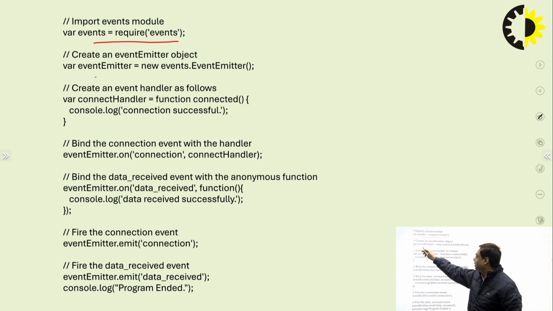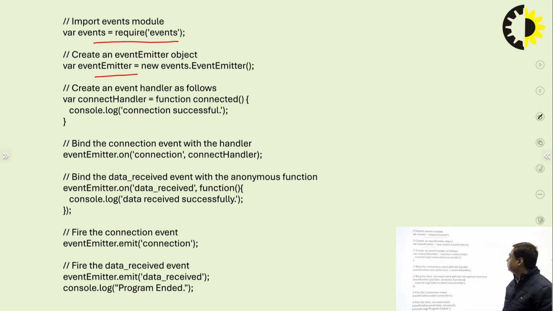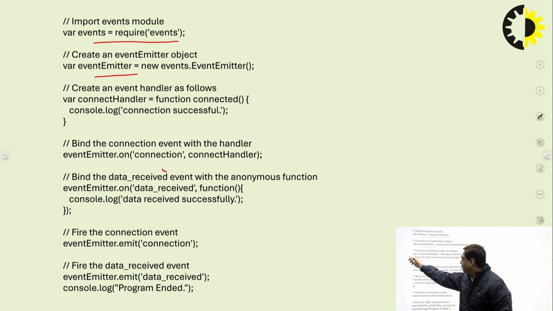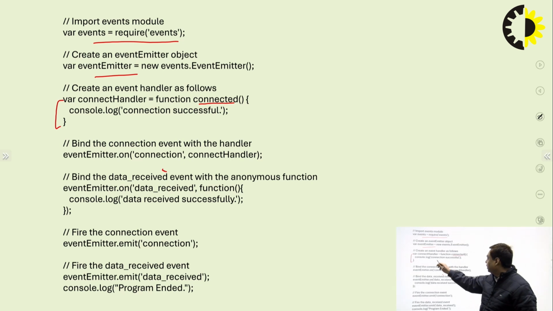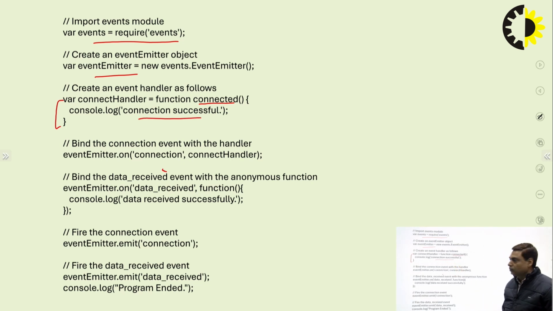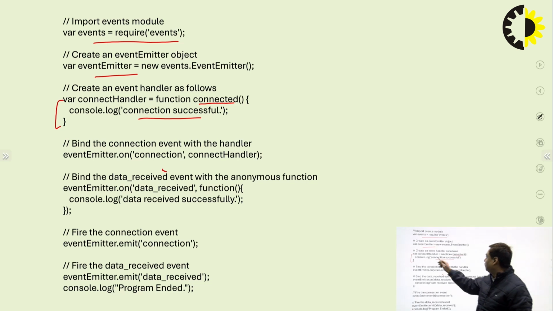Next we have generated the object of the EventEmitter class. Then we have generated a callback function. The name of the callback function is connected. Because it is a function, we call it a callback function. In this callback function, we are just displaying connection successful. And the reference of this callback function is connectHandler.